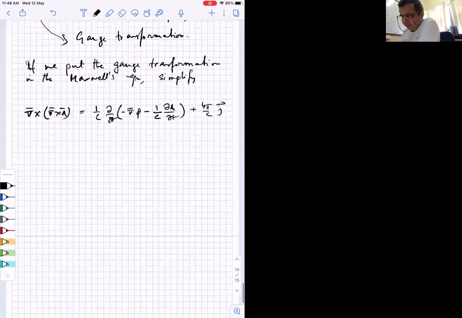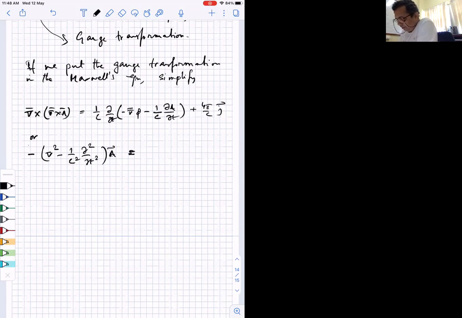And then this can be simplified further. So this becomes minus del t squared of A, and this. I have used the properties of A cross B cross C, those properties.